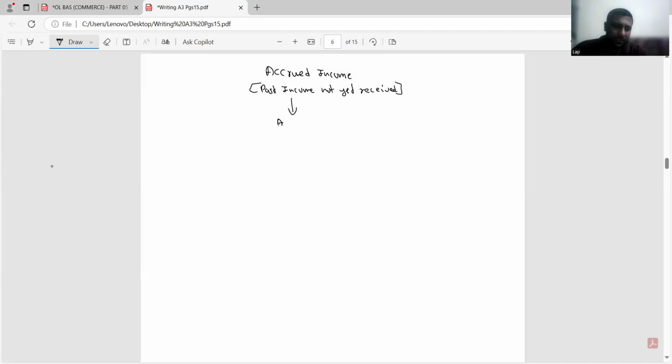So what's the adjustment? Two places. One is increase or record the relevant asset.